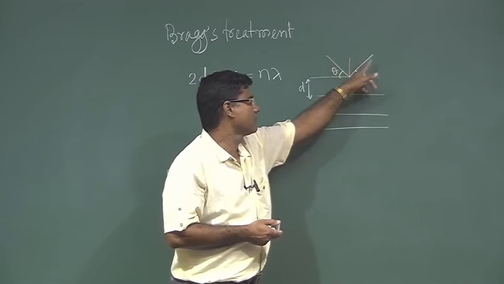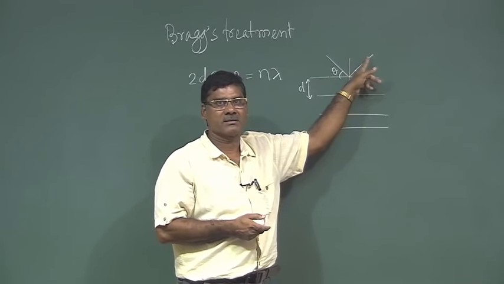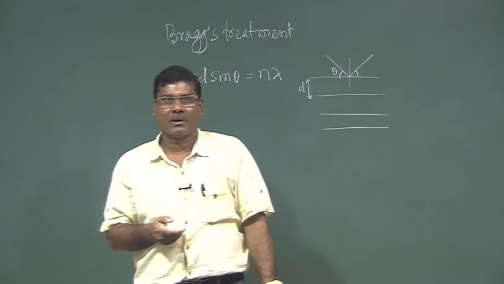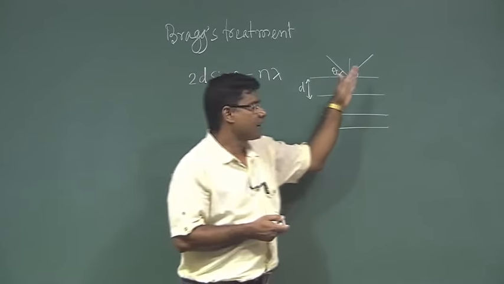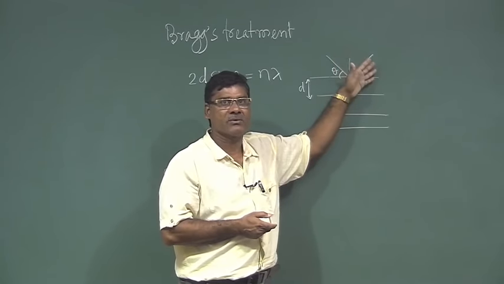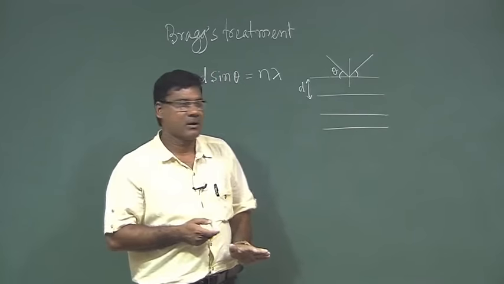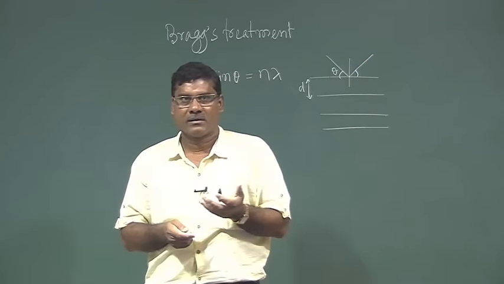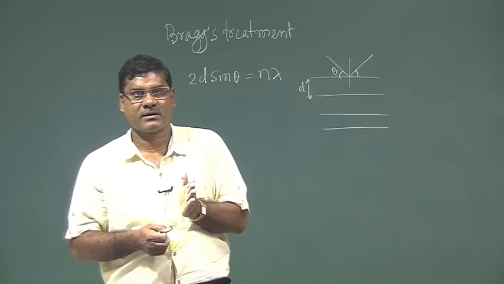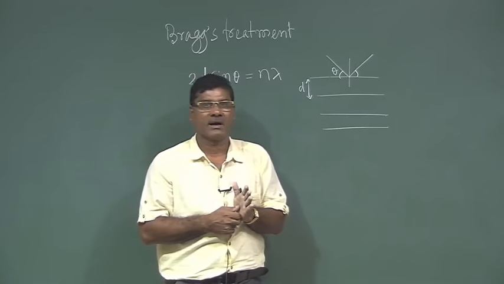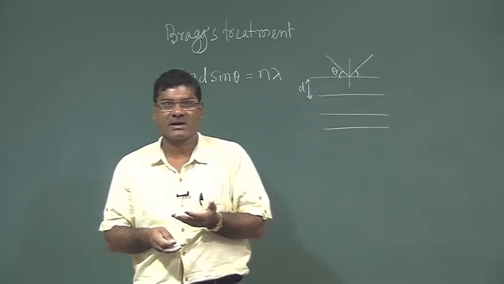Here Bragg selected those diffracted rays which follow the reflection rule and assumed that those reflected rays will interfere constructively. So, among many diffracted rays, they picked up the right set which give constructive interference.